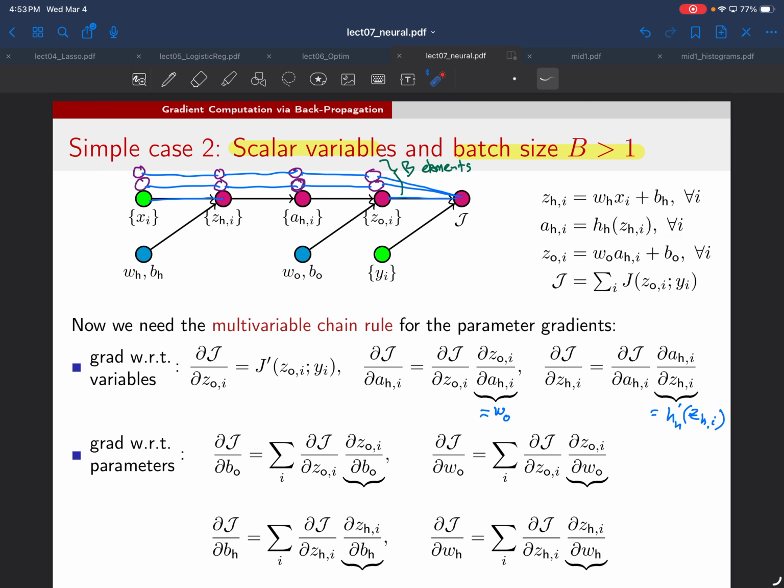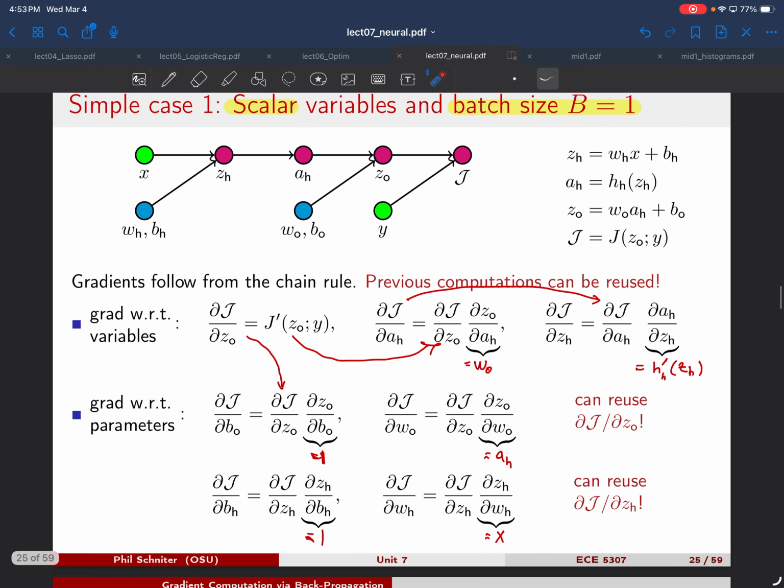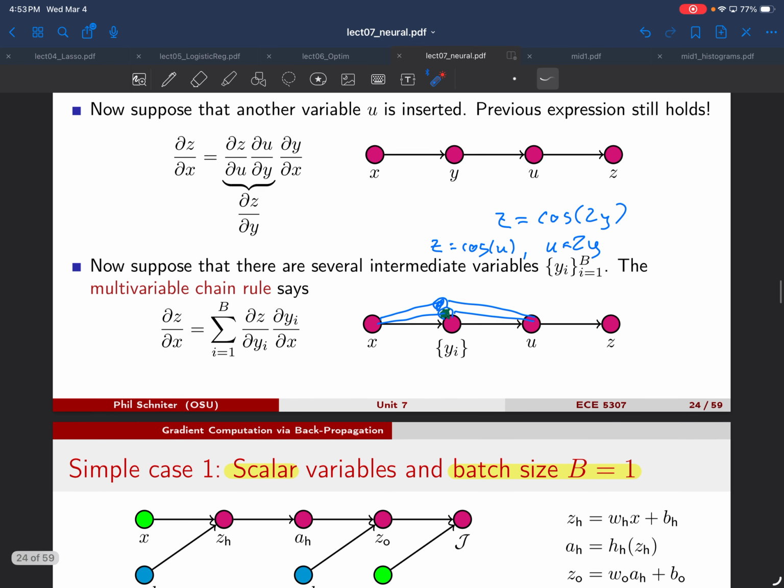So to draw this picture maybe more explicitly, we have something like this. And now when you look at the connection from this output bias to J, you have this situation where there are really parallel paths, and that's exactly the situation where we have to use the multivariable chain rule.